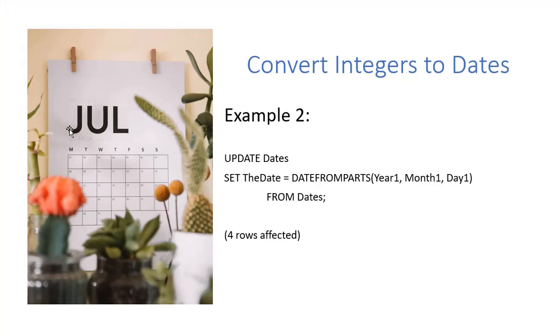The second example would be changing the integer columns into a date in the table. So I will show this in a moment in SQL Server, but I update my dates table and I set the date column, which is null at this point, to be DATEFROMPARTS and grabbing 3 different columns, and then it updates it. So let's go look at these in SQL Server.